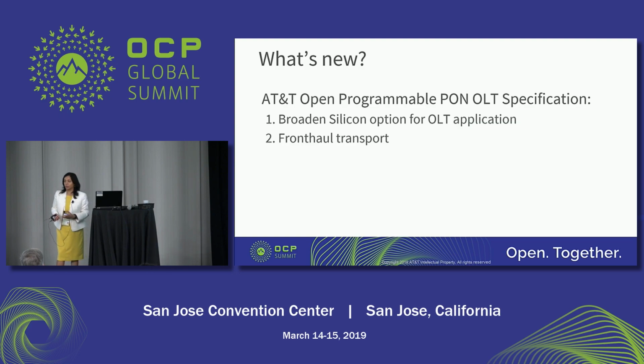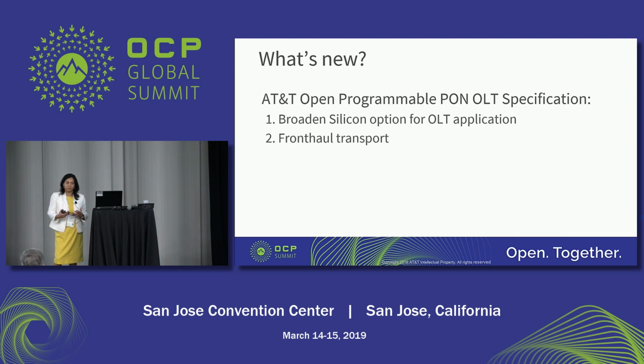As you've heard before, the main purpose of the specification is to be a little bit agnostic to the silicon. We had a number of ASIC options before for XGSPON, and then we introduced FPGAs.